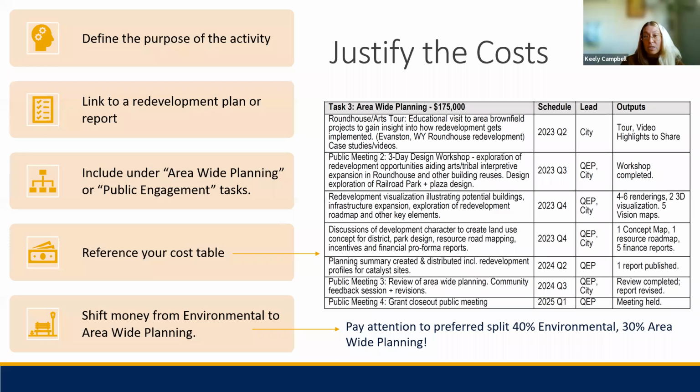So again, here, this one was working with $175,000 for area-wide planning, whatever the 40% of their environmental costs would be, and then split the rest up between public engagement, programmatic costs for managing your grant, which it's important to know is a grant eligible activity, as well as remediation planning.